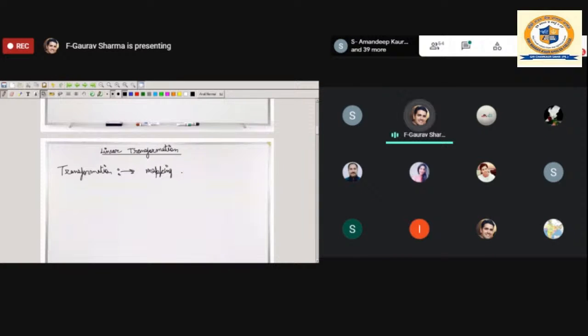Sorry for my bad handwriting. You will have to deal with this in the next coming lectures. So if you are not able to understand, then you can ask by unmuting your mic. So transformation can also be taken as a mapping or a function.